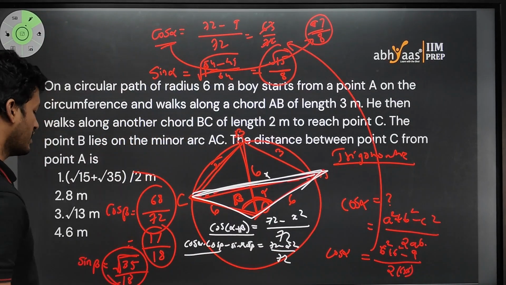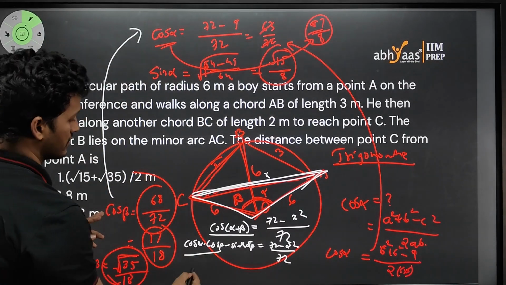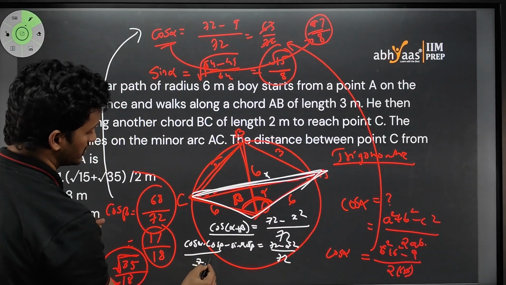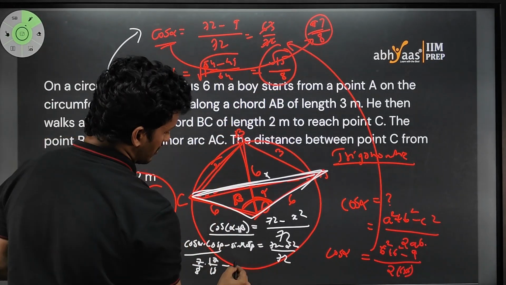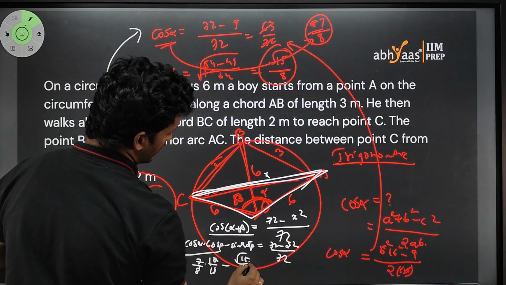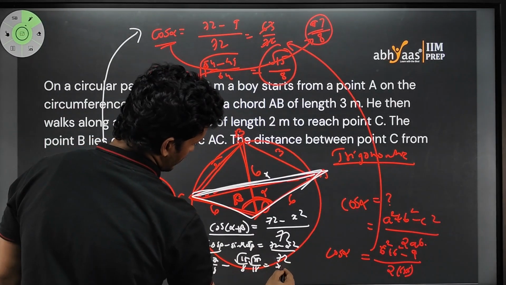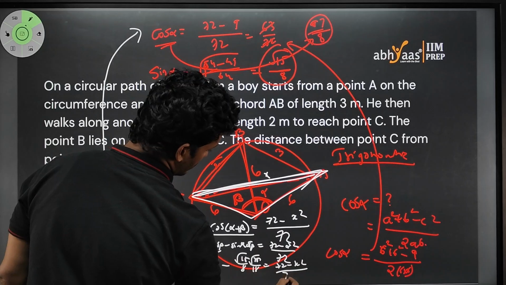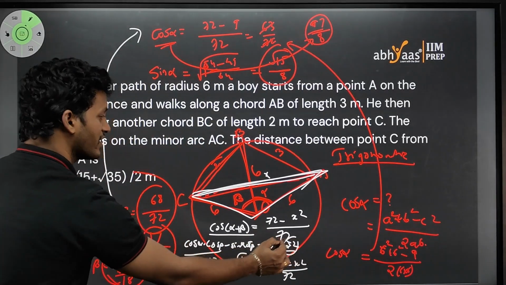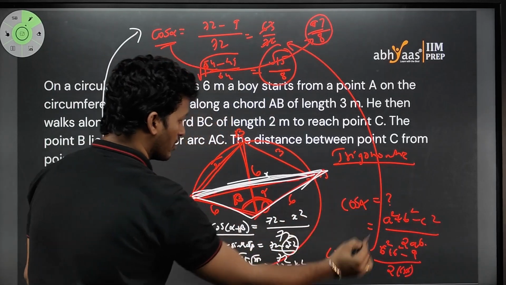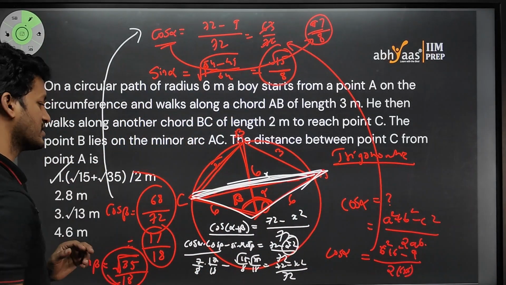So it is 7 by 8 into 17 by 18 minus root 15 by 8 into root 35 by 18, equal to 72 minus x square by 72. With this we'll find exactly the value of x square. Then if you take the root of that value, we'll get our answer.